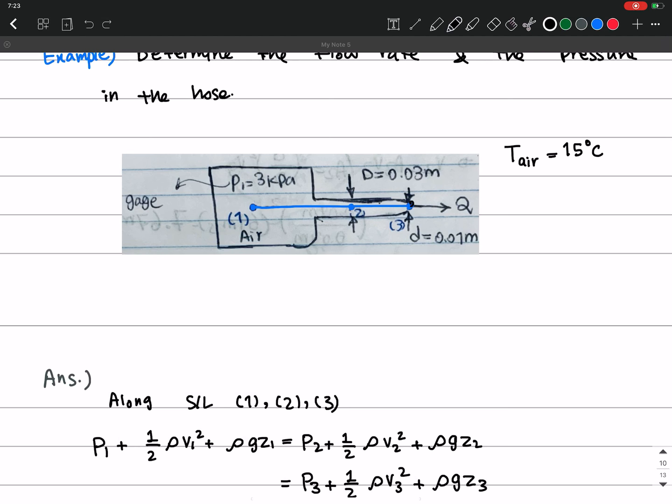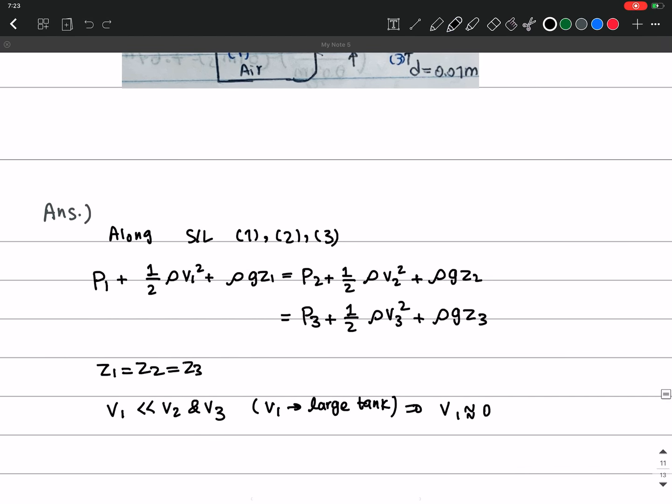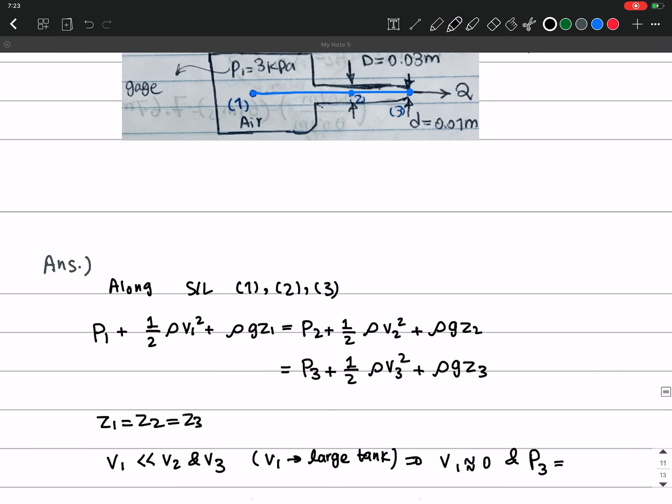And because here we are at P3, we are in the vicinity of the atmosphere, right? So here we have the free atmosphere. So the pressure at P3 is going to be equal to atmospheric pressure, and because we are calculating gauge pressure, it's going to be 0. So it's a free jet.